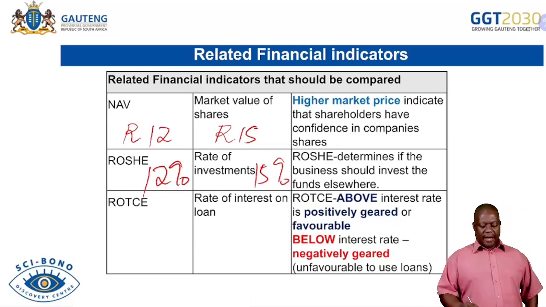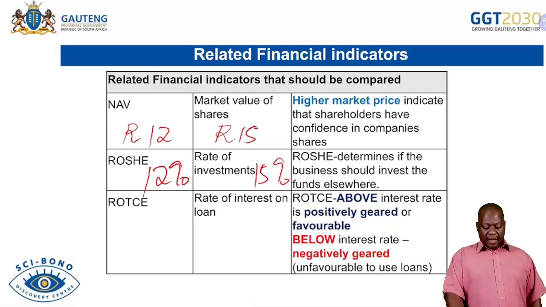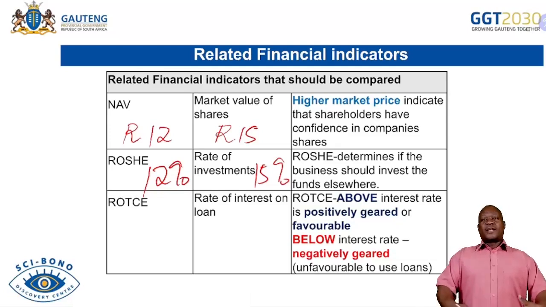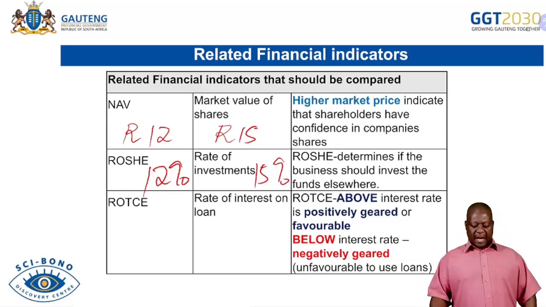So if you check here, when the ROCE is above the interest rate, it is positively geared, or favourable. It therefore means we can still go on and borrow, but use this money to get higher returns and then smile all the way to the bank.